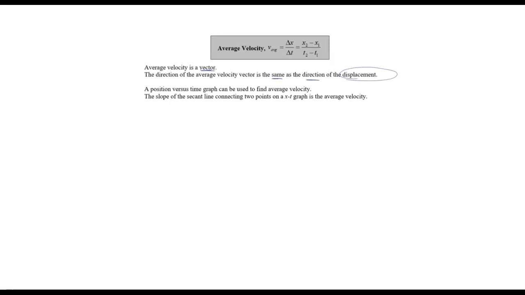So if we look at a position versus time graph, we can find the average velocity. Now how could we do that? Well, we could find our average velocity by looking at the slope of the secant line between those points.